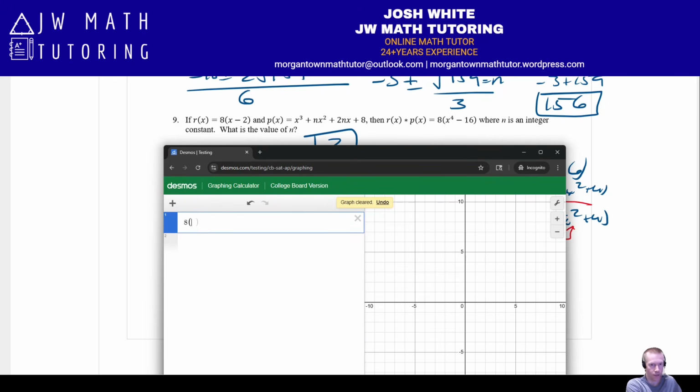I'm just going to take the two expressions and use regression to equate the product of them, x cubed plus n x1 squared plus 2n x1 plus 8, tilde, and now we know what it's equal to, which is 8 x1 to the fourth minus 16.